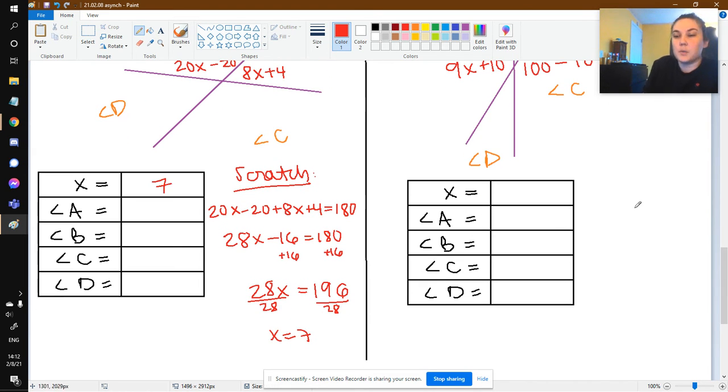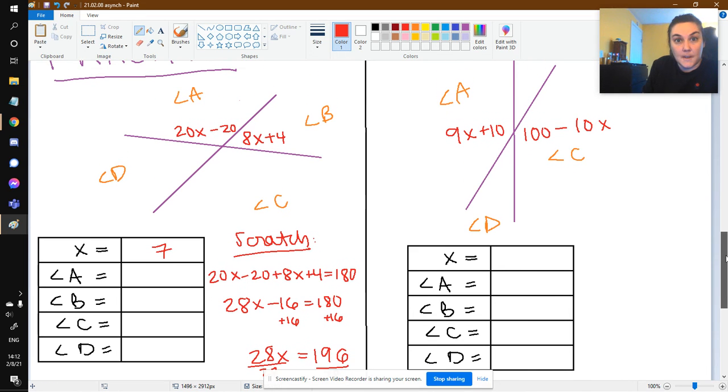So I'm going to plug in x equals 7. Awesome. And now, to fill out angles A, B, C, and D, I would just plug in x to each of these. To get B, I would plug in x to 8x plus 4, and to get A, I would plug in x to 20x minus 20. So 8 times 7 plus 4 is 56 plus 4 is 60.